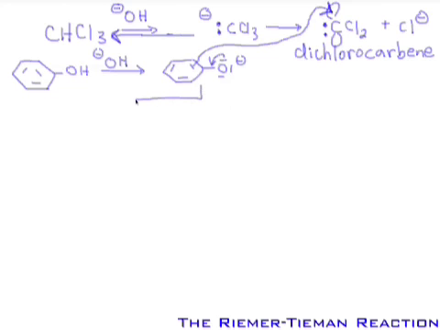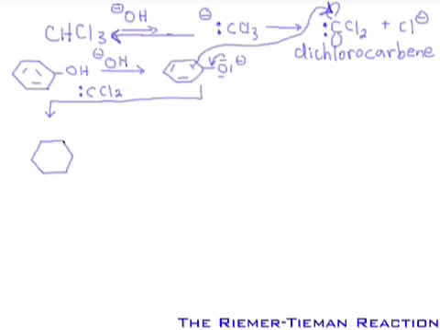So, if we have dichlorocarbene in the presence of phenoxide, the attack will go on the empty 2p orbital, and you will produce this very short-lived intermediate.